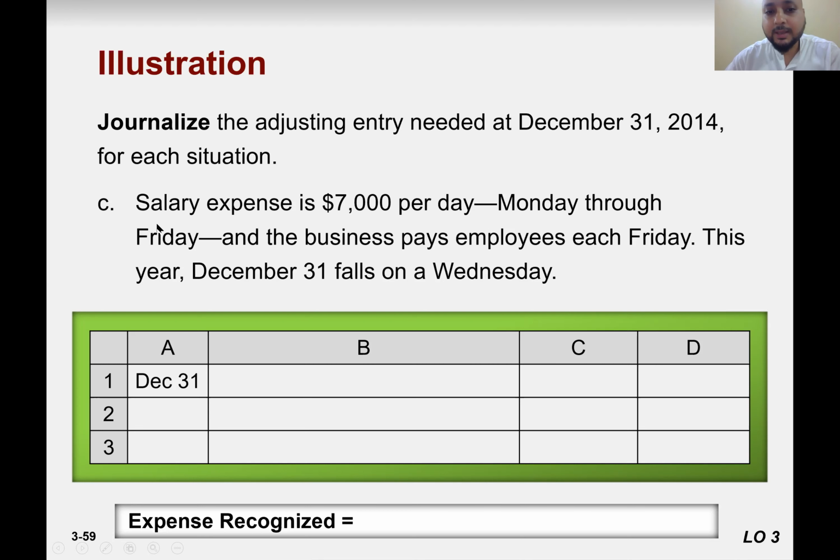Salary expense is 7,000 per day, Monday through Friday, and the business pays employees each Friday. It means every employee is entitled to receive their salary on Friday. But this time, the closing year is 31st of December, which is on Wednesday.